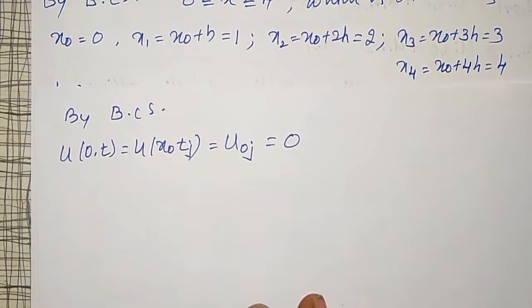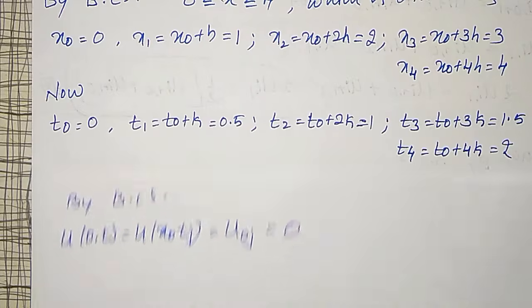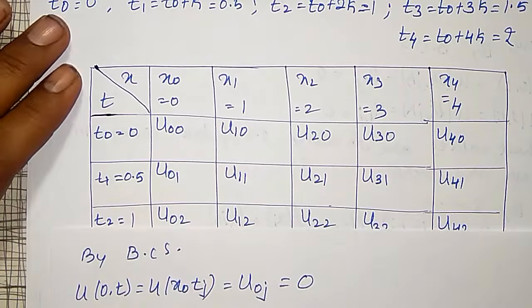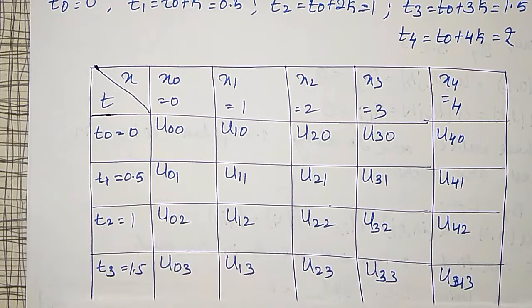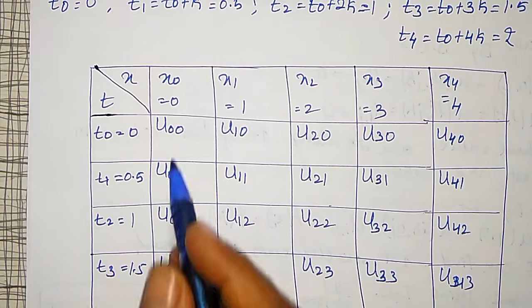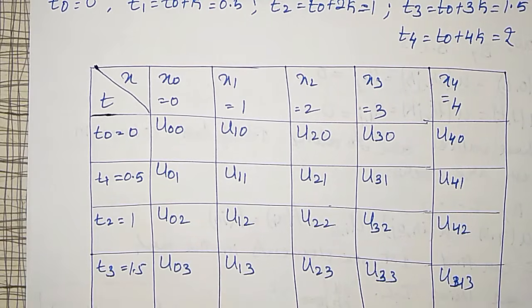Therefore in your table u of 0 j, for j equal to 0 1 2 3 and 4, all these values are 0. Therefore my first column values are 0.